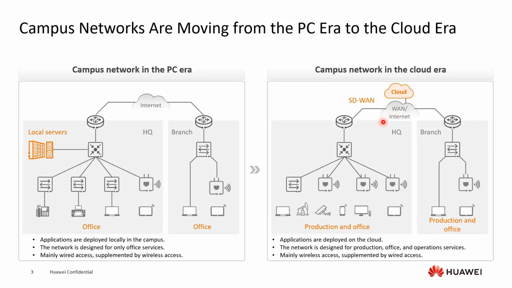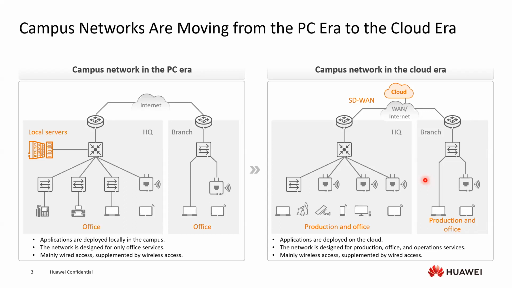You can see there are campuses with multiple branches, and there is a requirement of free mobility for these devices: when a user moves from head office to the branch, they want to have the same access rights. They want to go through the same policies they had in the head office, or wherever they're moving, they should have the same thing.